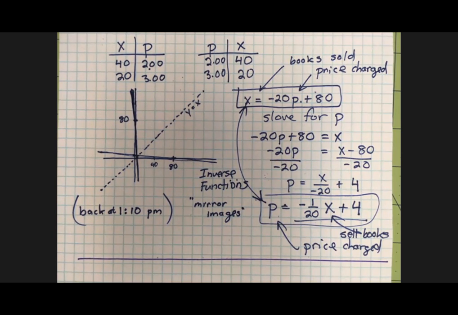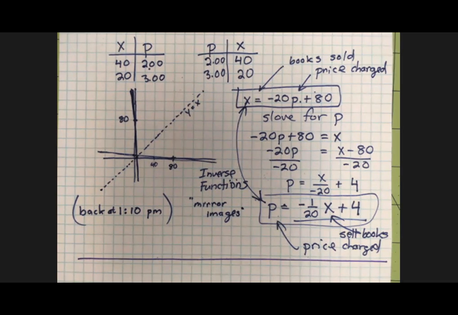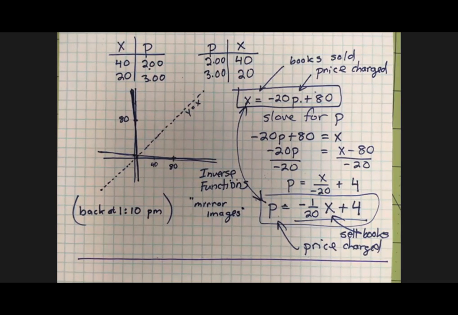And all through the class, even all through any of your math classes, you are constantly trying to unwrap, undo something that someone else has done when you're solving an equation.